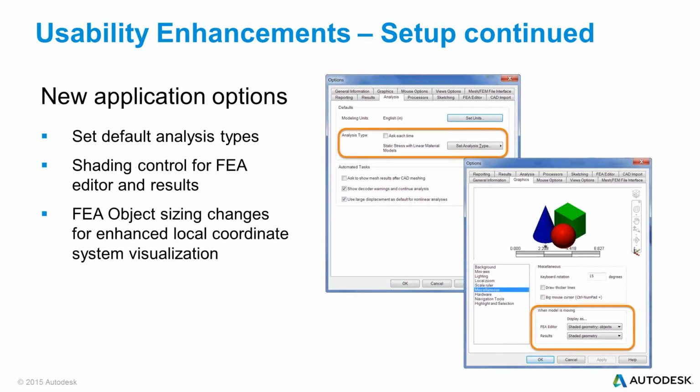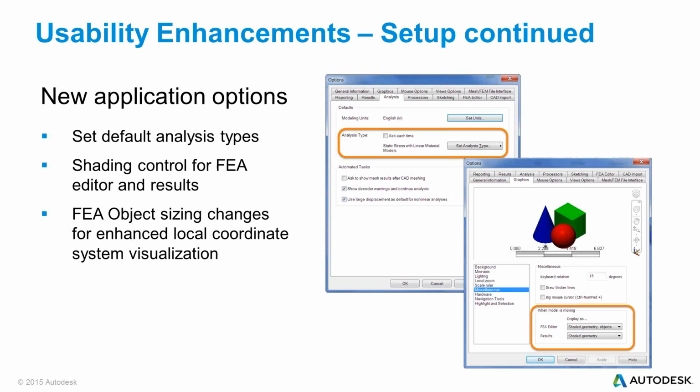In the 2016 release, we have also added several new controls to the Tools Options dialog box to increase some of the efficiency of usability. You can now define a default analysis type for a new model directly within the Tools Options.